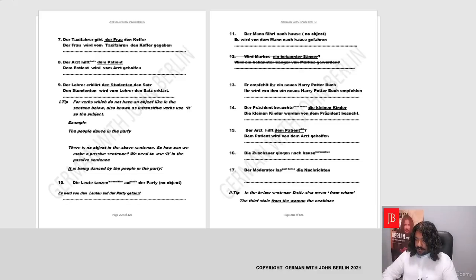Kleine Sekunde. Let's move forward. Still got some sentences for you to do. So this is the next one. Der Arzt hilft dem Patient. Repeating the sentence once again. So dem Patient wird von dem Arzt geholfen.